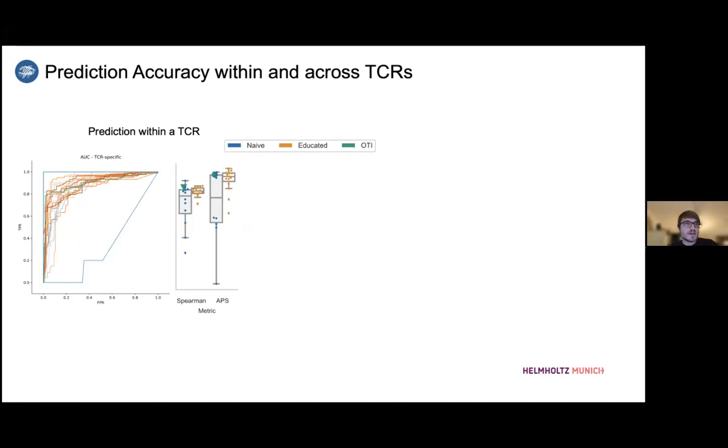Then we trained our random forests and looked into how well we can predict these activation scores and recruitment scores within the same T-cell receptor. Generally, we observed that for the educated repertoire we can achieve quite nice predictions, usually in a 90% AUC regime, and also very nice Spearman correlations to the activation score.